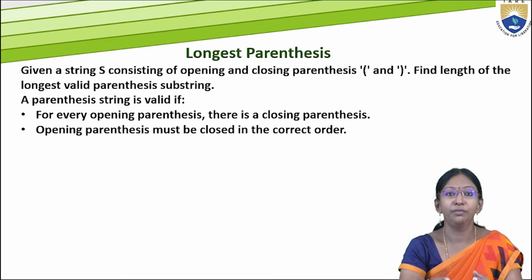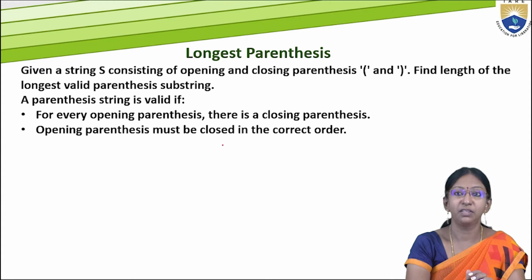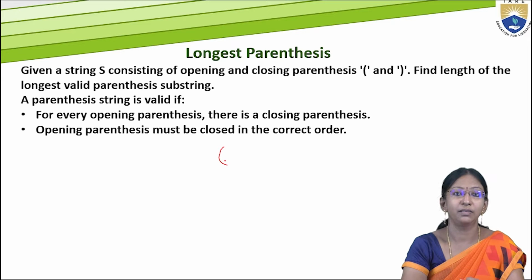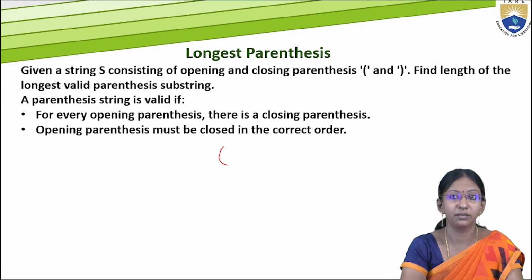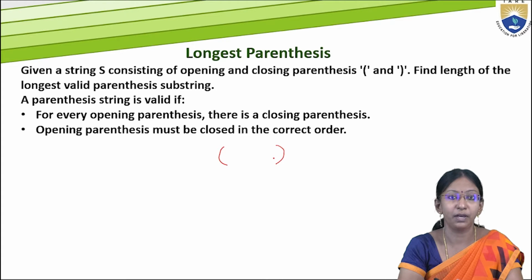One is every opening parenthesis must have a closing parenthesis. You need to remember that this is known as the left or the opening parenthesis, and this will be the right or closed parenthesis.